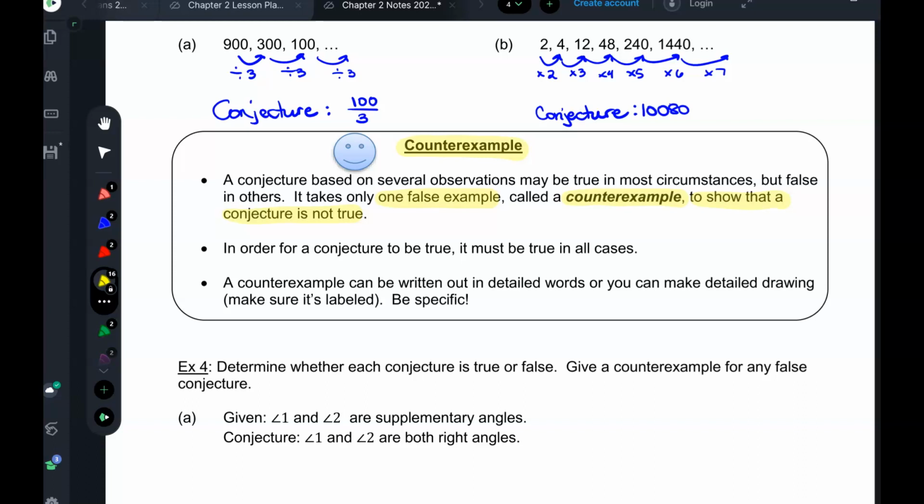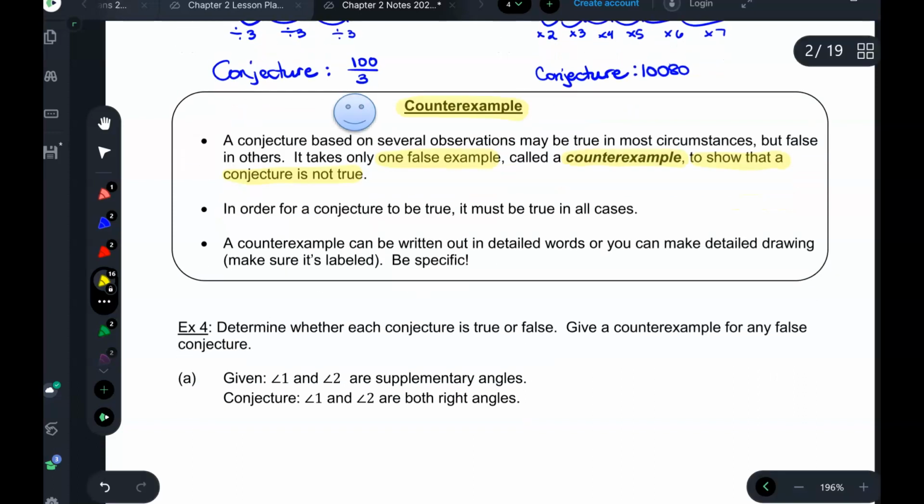It's one false example. So you can write this out in detailed words, or you can make a detailed drawing. The definition: a counterexample is one false example to show a conjecture is not true.